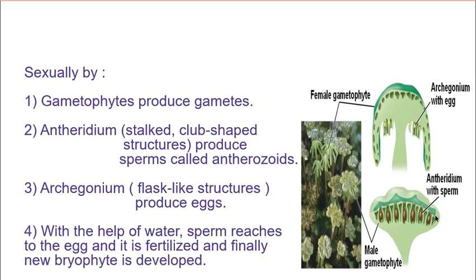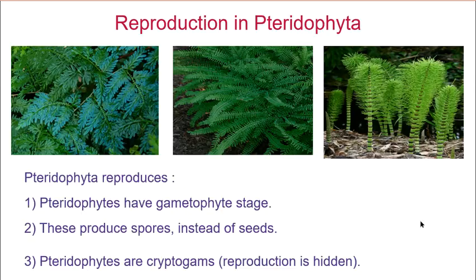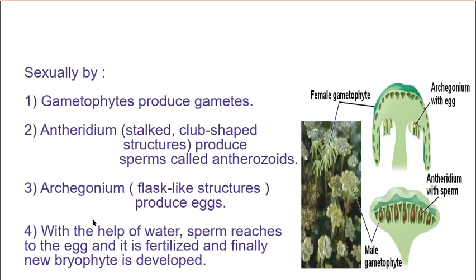From the upper side it is like a club and it produces sperms in the sperm sacs. The sperms are also called anthrozoids because they are produced in antheridium.